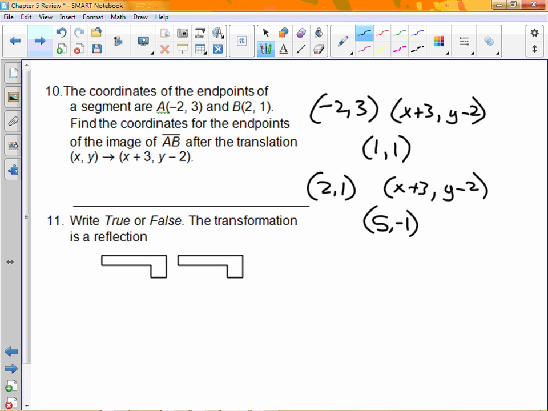The word that we've been using for translation is a slide. Is it a reflection? It's not a reflection. That's a translation. Remember now, what a reflection will do is put the stuff on the other side. Good?